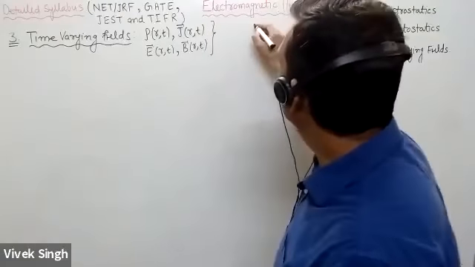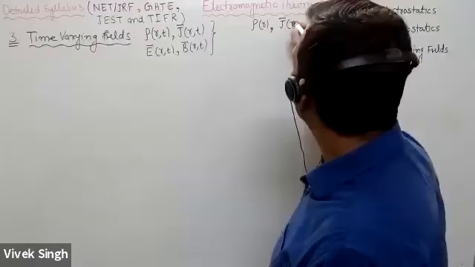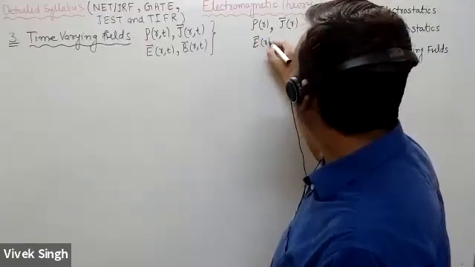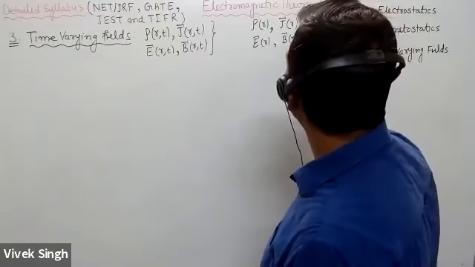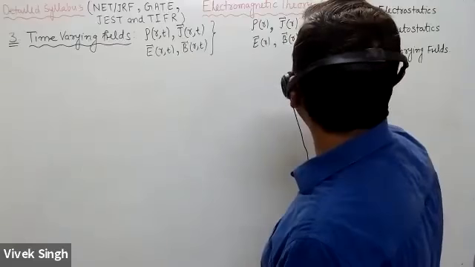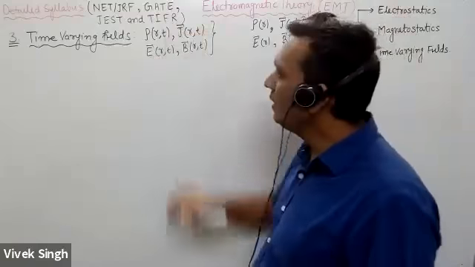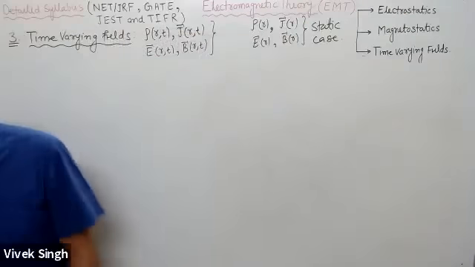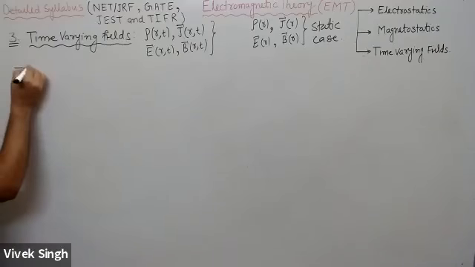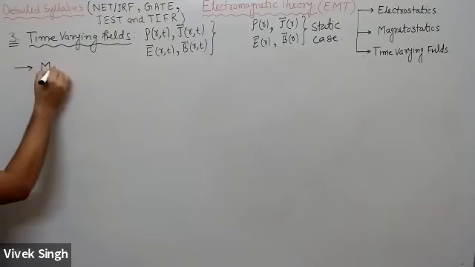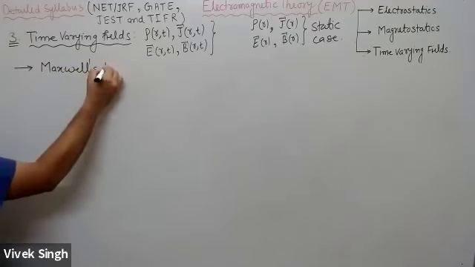If you have a static case, you will see rho is a function of R independent of time, and E is a function of R and B is a function of R. This is the static case. And this is the time varying case. So we will first talk about Maxwell's equations, four Maxwell's equations.